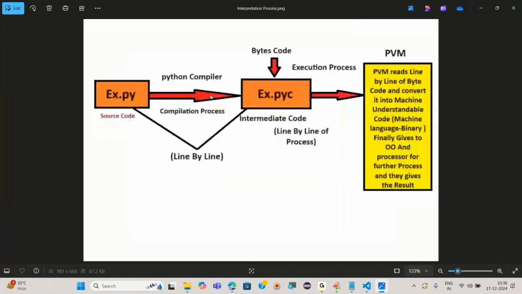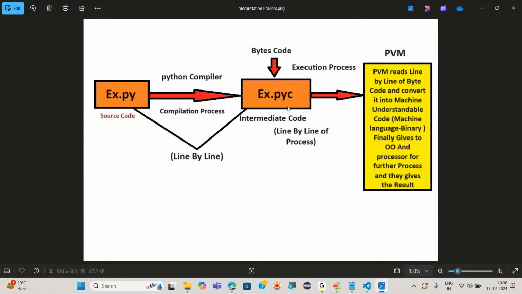Okay, this Python compiler then checks for the error. What type of error? Syntax error. Okay, Python compiler checks for the syntax error. Then if there is no error, it will convert the source code into bytecode. Okay, intermediate code also we can say. Everything is being done line by line because it is an interpretation process. Interpretation says it converts everything line by line or checks everything line by line.